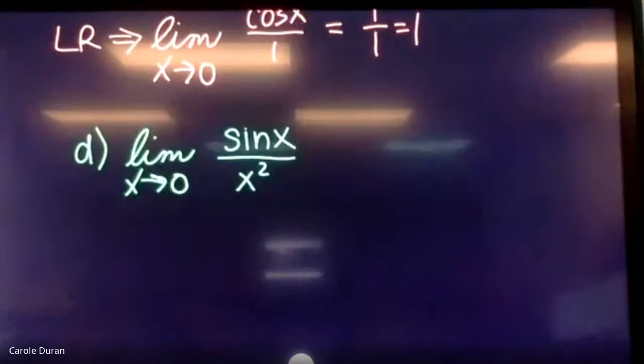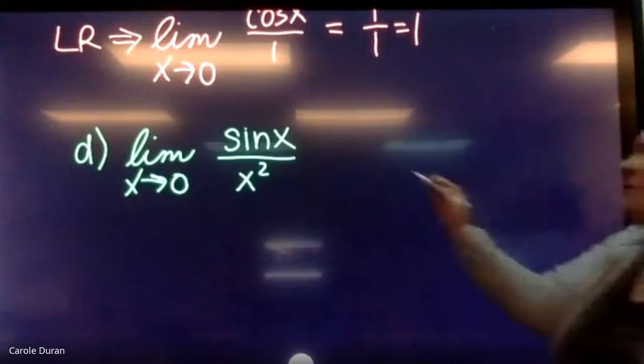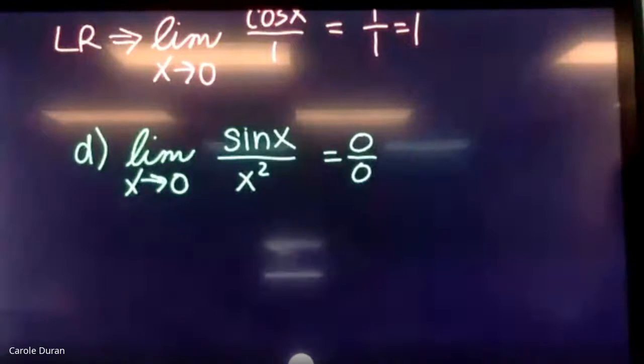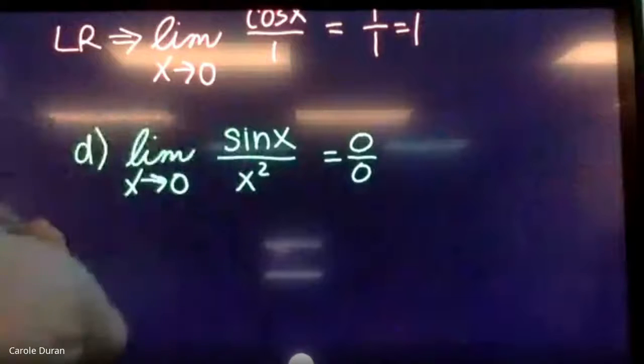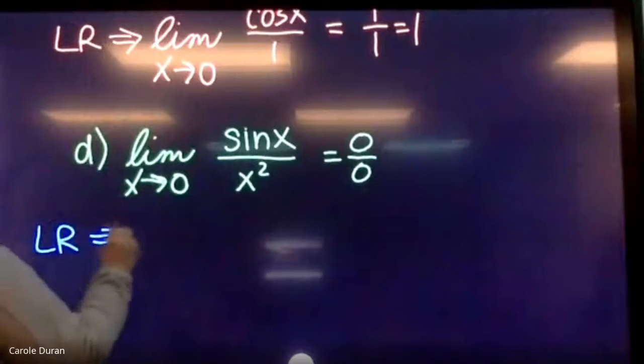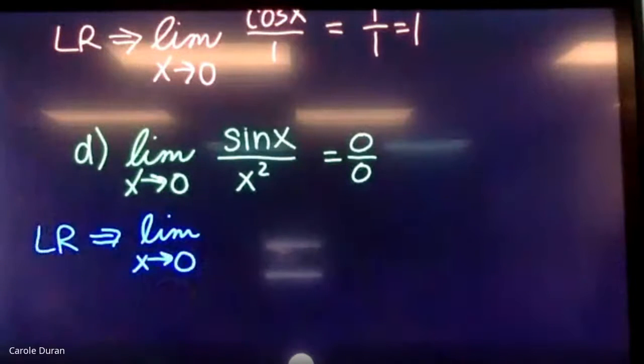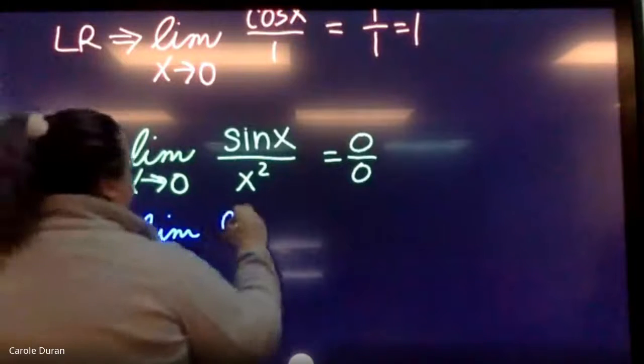When we plug 0 in to start with, I'm still getting 0 over 0, right? Which means now I can apply L'Hopital's rule. And when I apply L'Hopital's rule, I get the new function to be what over what? Cosine of x over 2x.